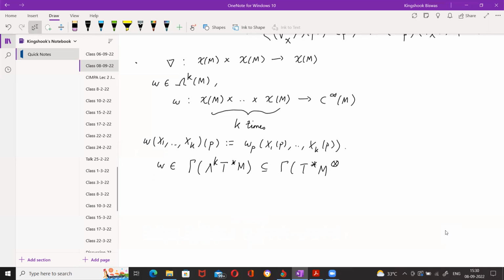The k-forms just correspond to the k-tensors which are alternating, right? Okay. So more generally, if T is a section of the kth tensor power, this is called a k-tensor.